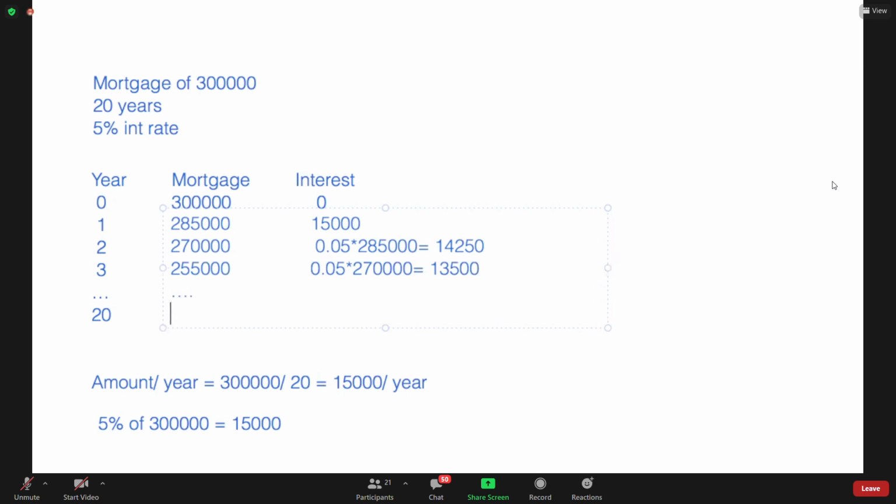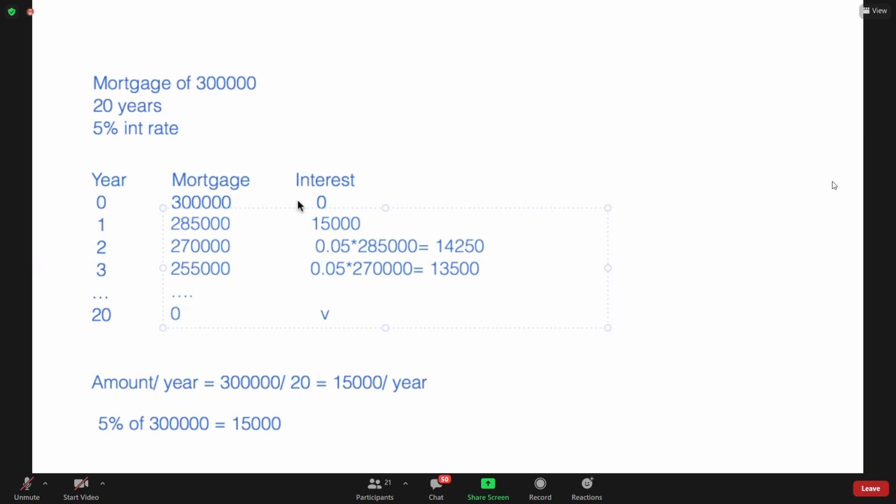In year 20, so in my last year of the mortgage, my mortgage will have been paid off because for 20 years constantly I kept subtracting 15,000 from my initial mortgage of 300,000. So in the last year the mortgage remaining will be 0, and my interest payment will be my constant V that I had taken from my arithmetic sequence. Why?